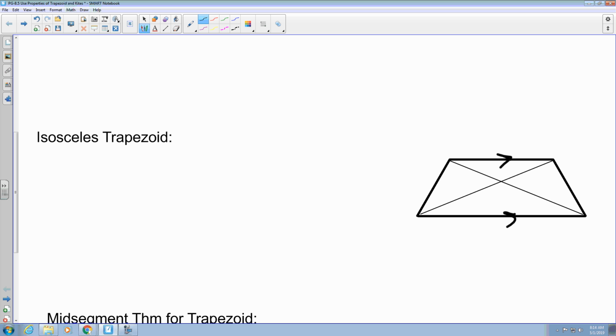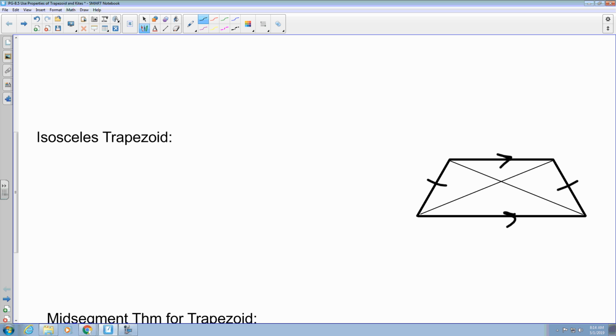It's going to be represented by the two leg sides of our trapezoid.